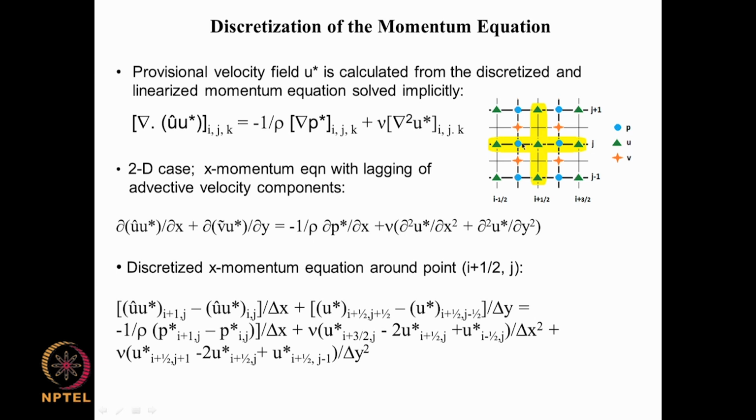So we have a computational molecule which brings in the u velocity at here I plus 3 by 2 j, which is this one, and here you have I minus half j, which is this one, and then you have I plus half j minus 1, which is this one, and I plus half j plus 1, this.